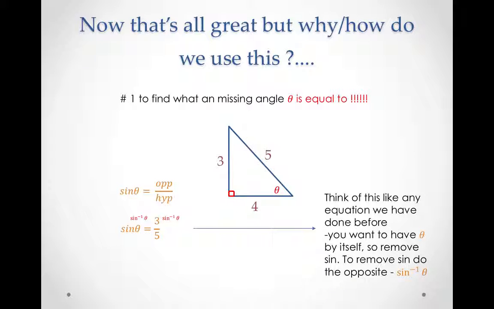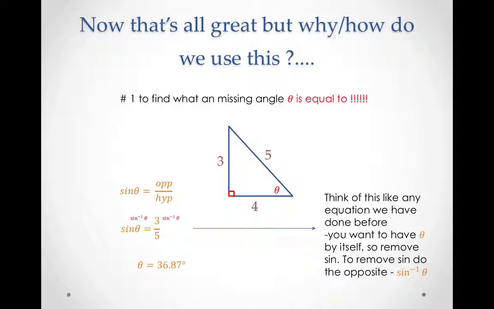So we've always said, to remove sine, we do the inverse of sine. This will remove sine from the left-hand side of the equation. But what we do to one side, we must always do to the other. So, on your calculator, you would need to write 3 over 5, shift sine.